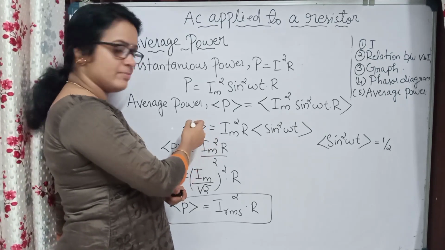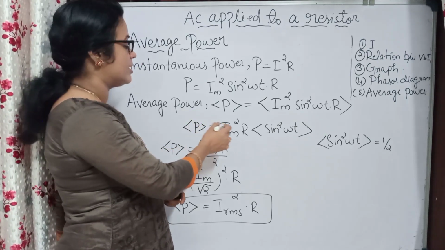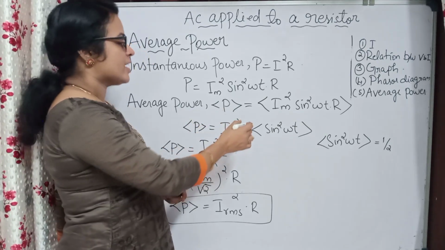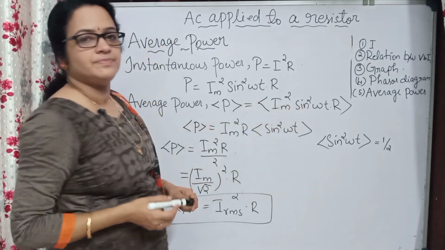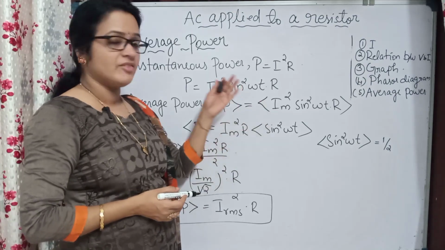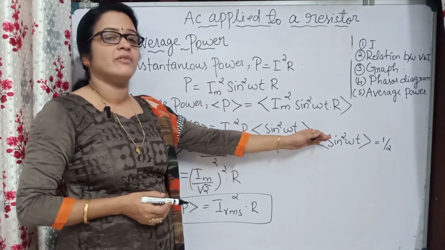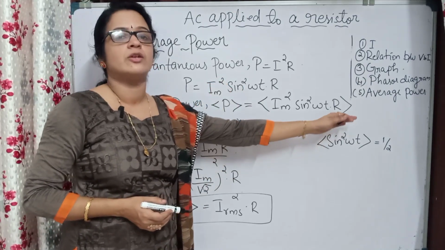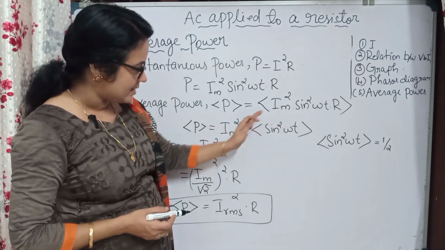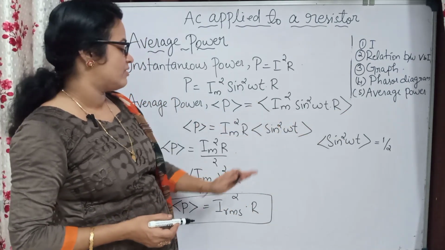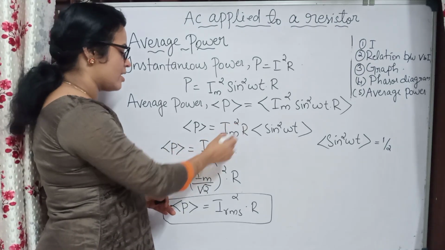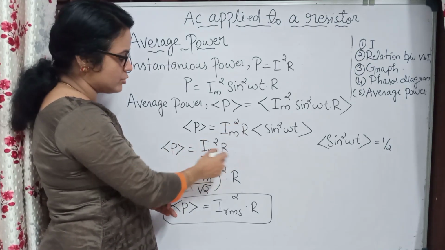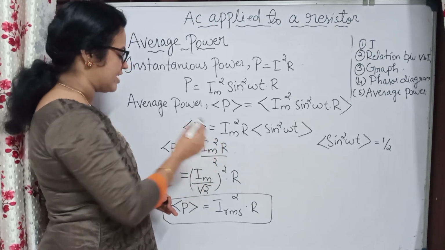The average power will be Im square R times the average value of sin square omega t. In the beginning, we already said that the average value of sin square omega t is 1 by 2. So we substitute 1 by 2, and we get P equals Im square R by 2.